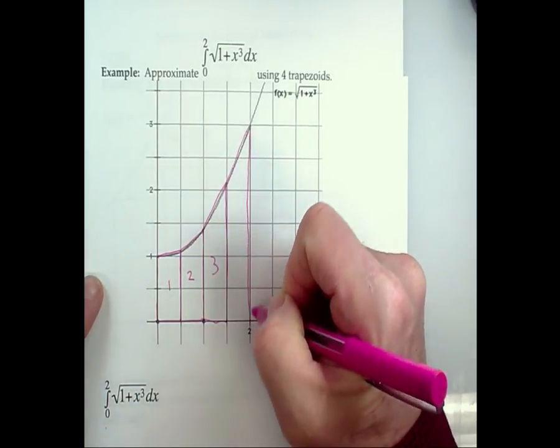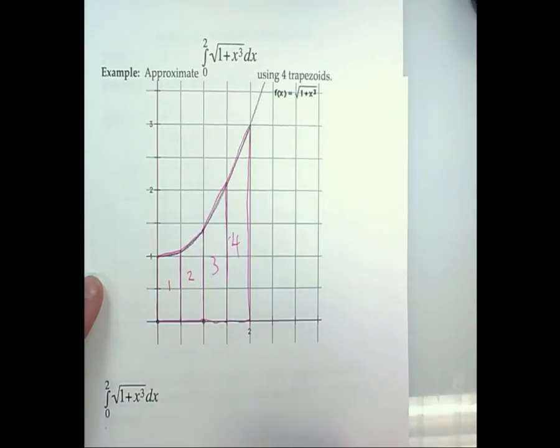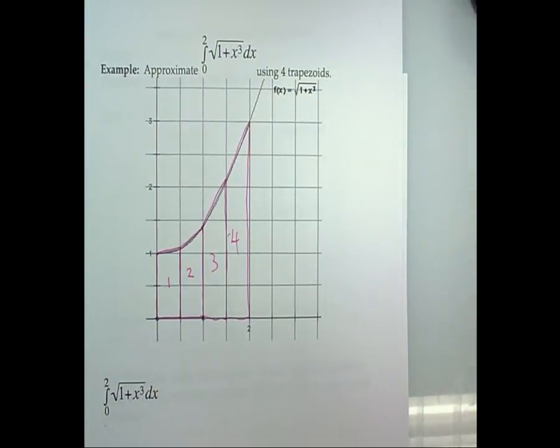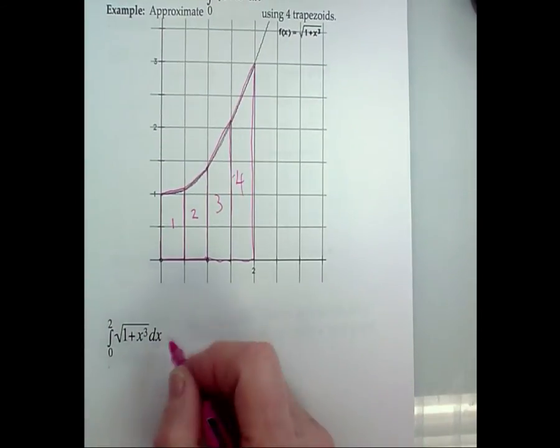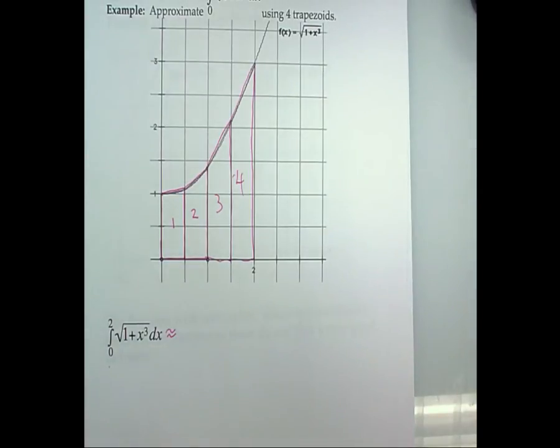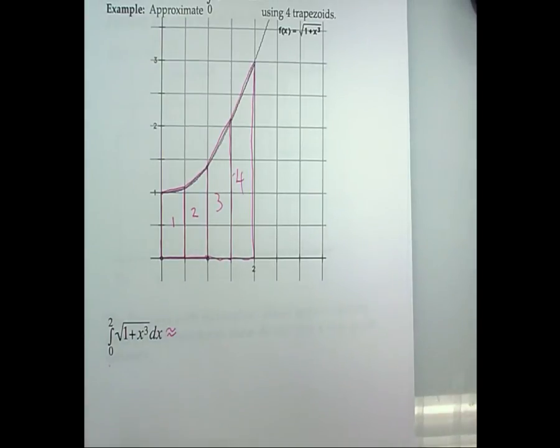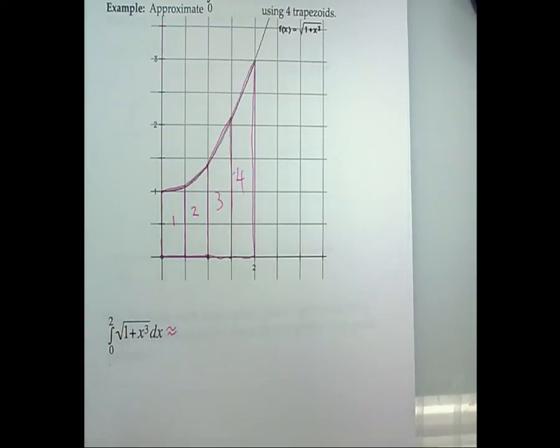And here's trapezoid number 4. So I'm going to approximate this, and this is a symbol for approximate. And they love saying estimate or approximate using so many trapezoids.